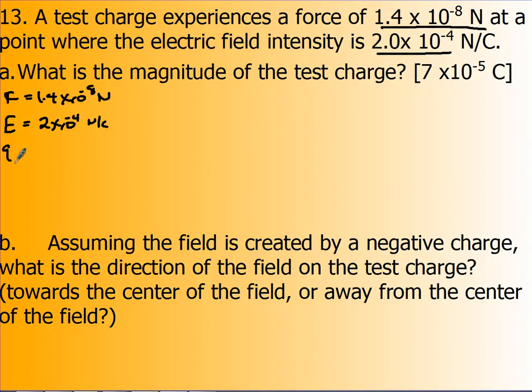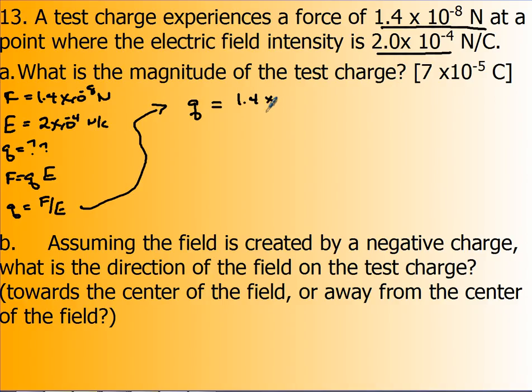I'm looking for Q. I know the force is QE, so the charge has got to be the force divided by the electric field. So Q is 1.4 times 10 to the negative 8 divided by 2 times 10 to the negative 4, or 7 times 10 to the negative 5th coulombs.